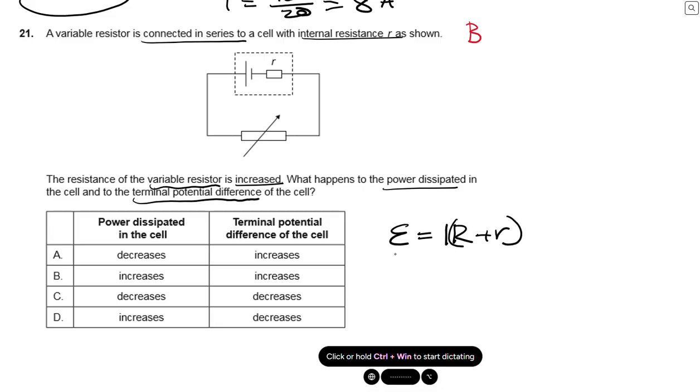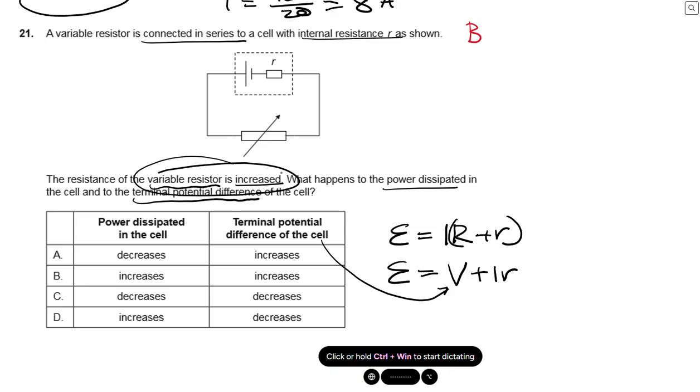We're talking about the terminal potential difference, so E is equal to V plus Ir.